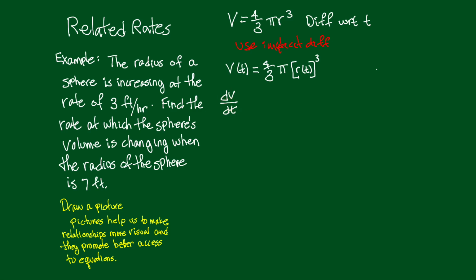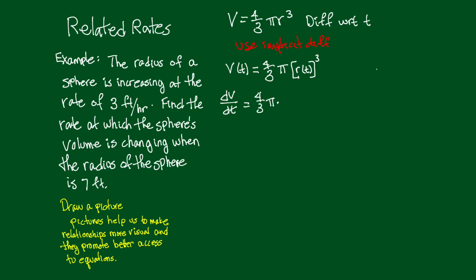So dv dt is equal to, now in this derivative here, we have a constant, so I'll write that constant, 4/3 pi times, now here is the variable quantity. And look at it, it's a power. So I'm going to have to use the power rule, right? The chain rule, the power rule. So I know how to do this. I take the derivative of the outside times the derivative of the inside.